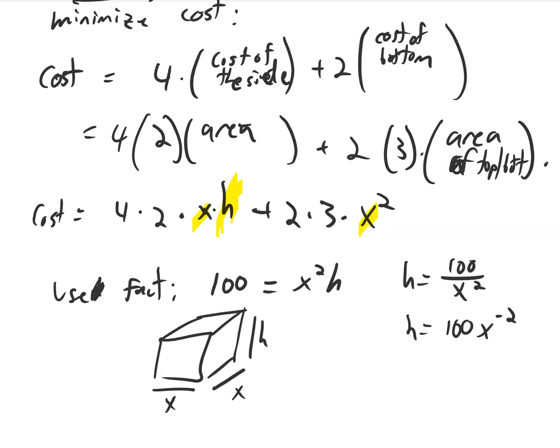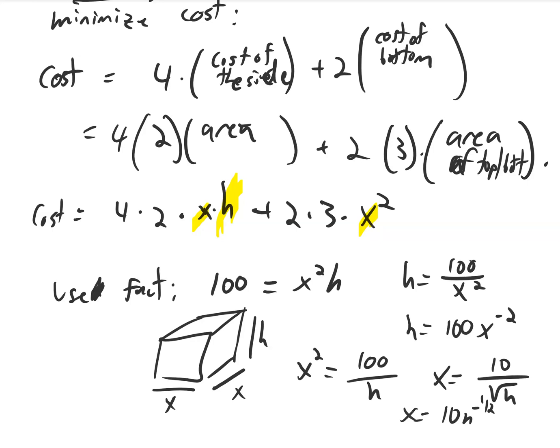It might be easier if x squared appeared in both of these. Let's see, we can solve for x squared, maybe that'll be easier. That's going to be 100 over h, and then x will be the square root of that, so 10 over root h, which equals 10 h to the negative 1/2.